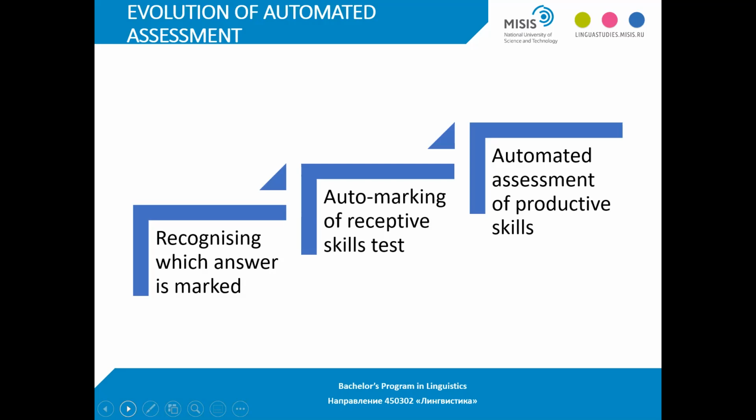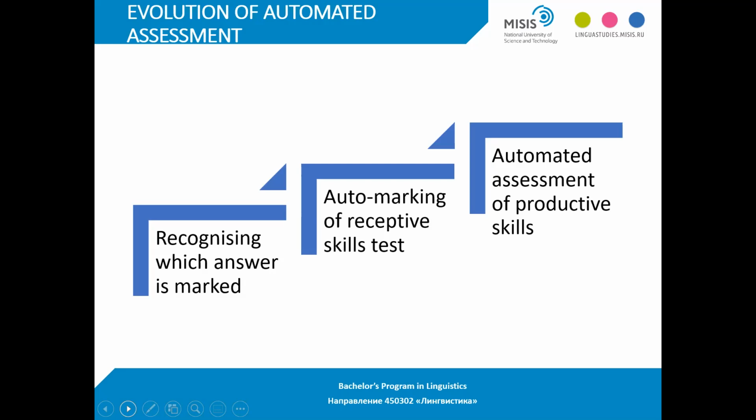It was done by these ancient computers, which were applying those cards with holes to the special answer cards given by students. So it was just recognizing which answer is marked. If you can't see the tick through the hole, then this is the wrong answer.